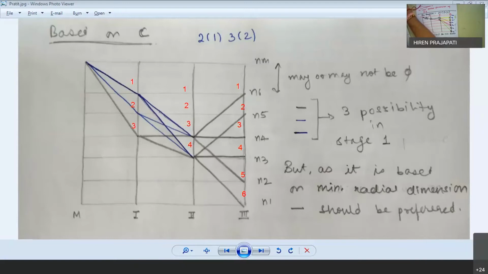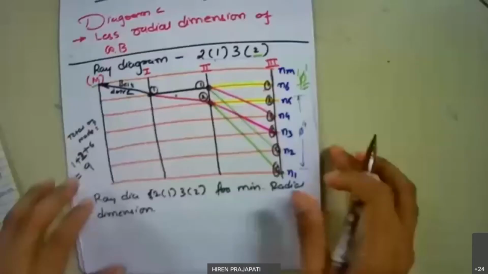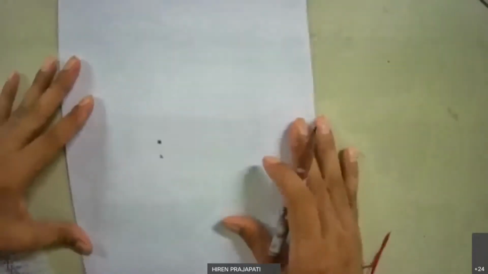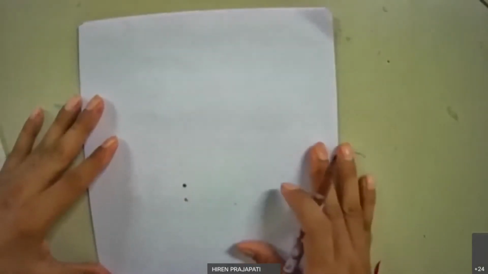Okay, now we are starting the ray diagram as per minimum shaft diameter criteria for 12 speeds. I hope the paper is properly visible.